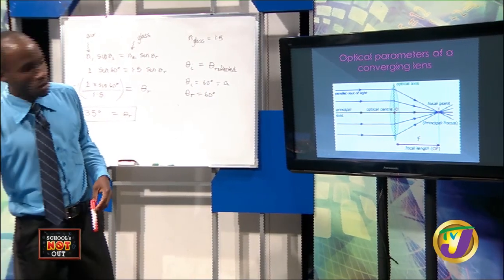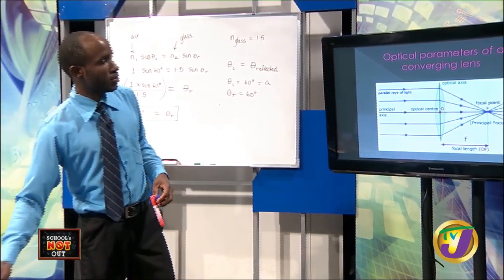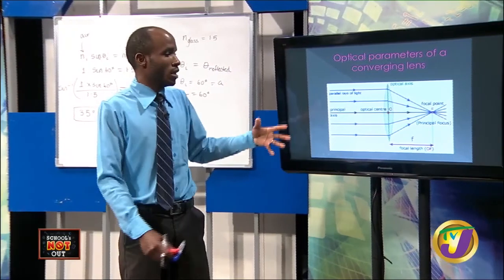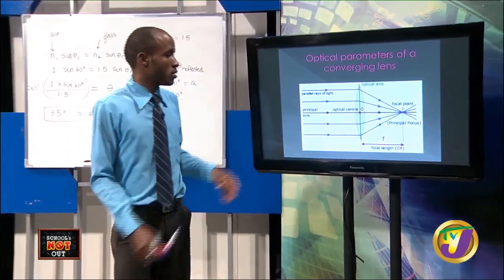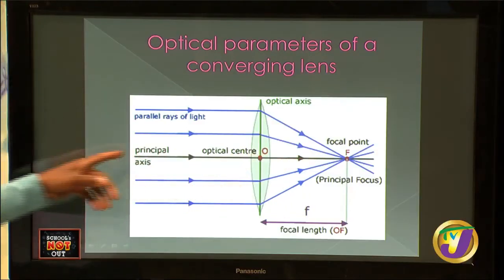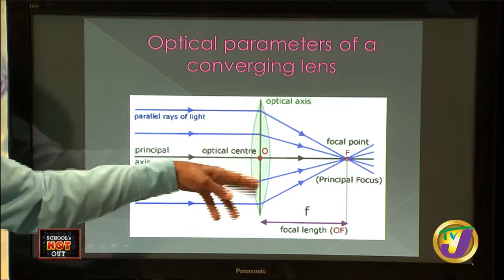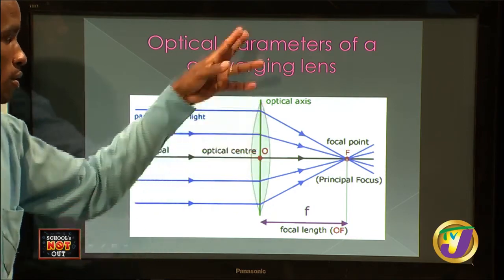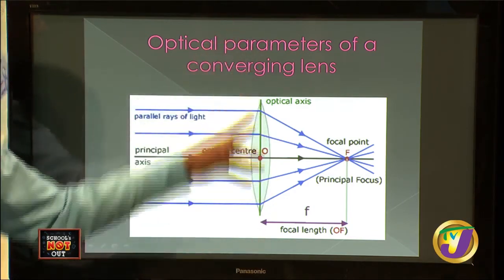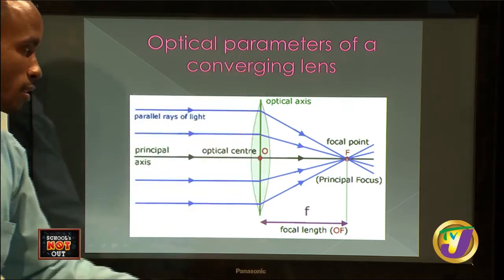Now, we're going to look at some optical parameters. Big word, just basically describing how lenses are interpreted. We have the principal axis as a center line that hits the center of the lens, the optical center, the dead center of the lens itself. Optical axis, that vertical line that passes through the optical center.